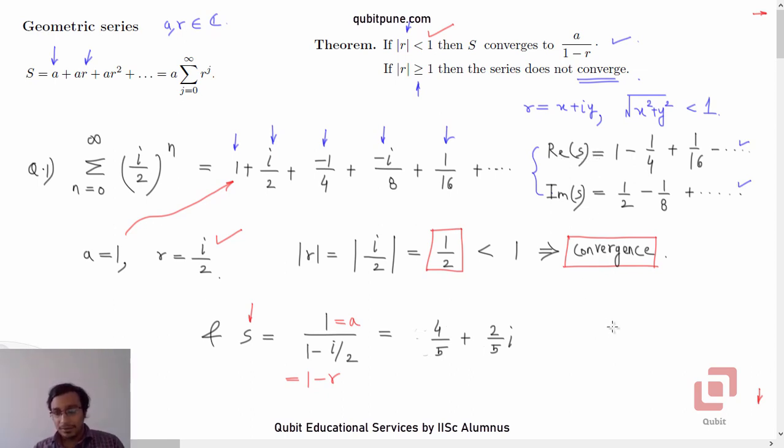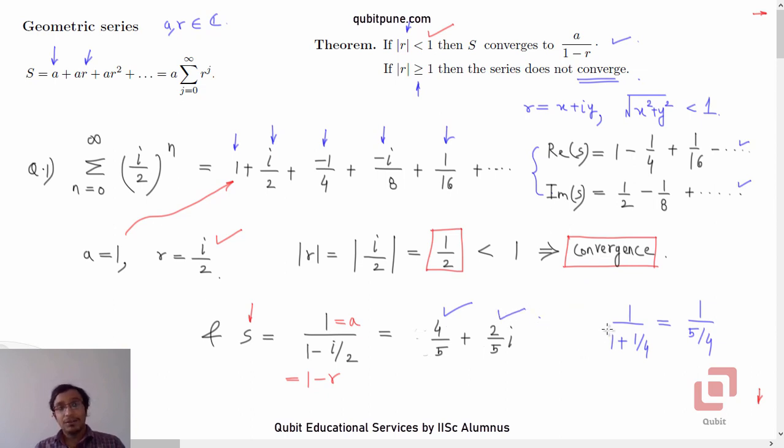This time it is going to be 1 upon 1 plus 1 upon 4, because the common ratio is minus 1 upon 4, right? So it is 1 upon 5 by 4, or 4 by 5. Yes. Now let us go to the second one. I think this has to be half of the first one, because it has the same common ratio, but the first term is 1 upon 2. So that is 2 by 5.